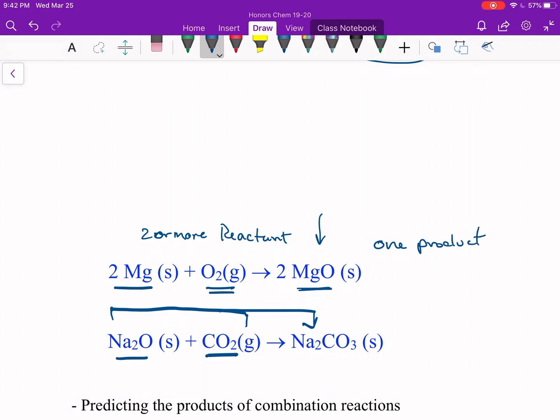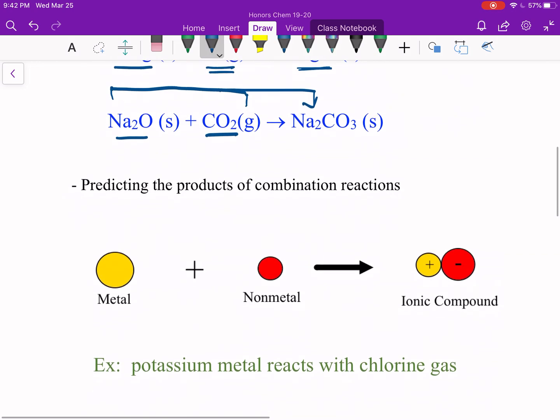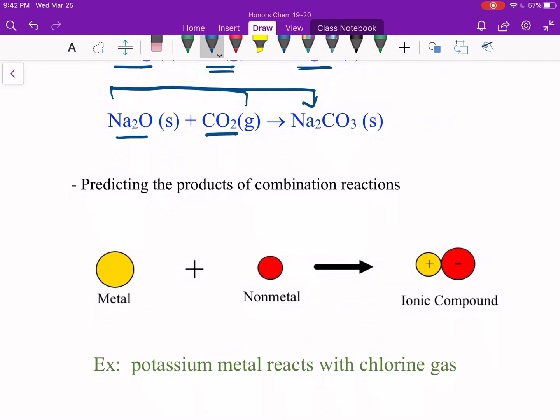One thing I'm going to ask you to do is to be able to predict the products of combination reactions. We're going to look at very simple combination reactions, just those where we're forming ionic compounds. We're just starting our chemical career, so we don't want to get too complex.